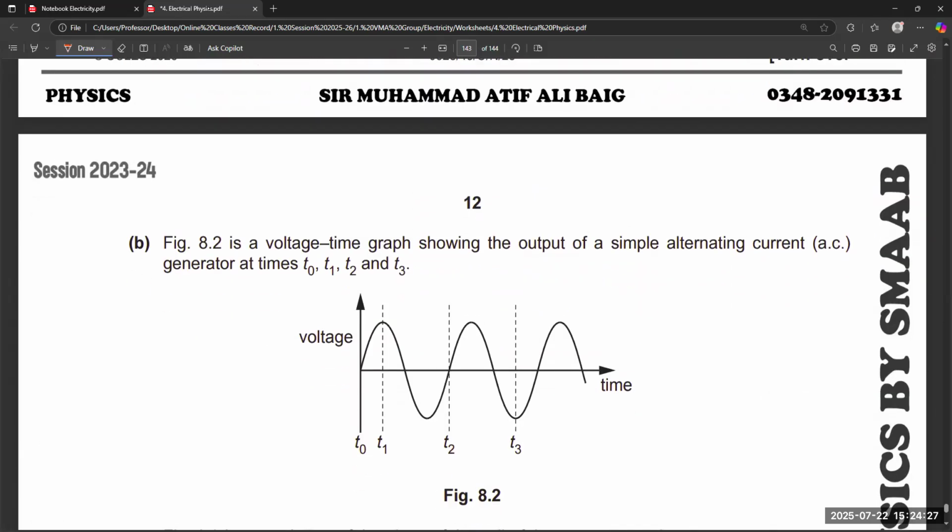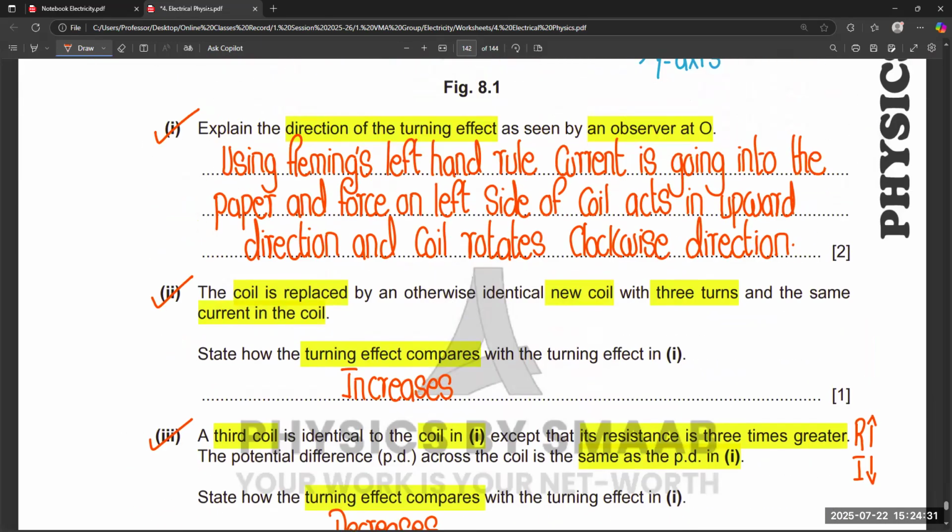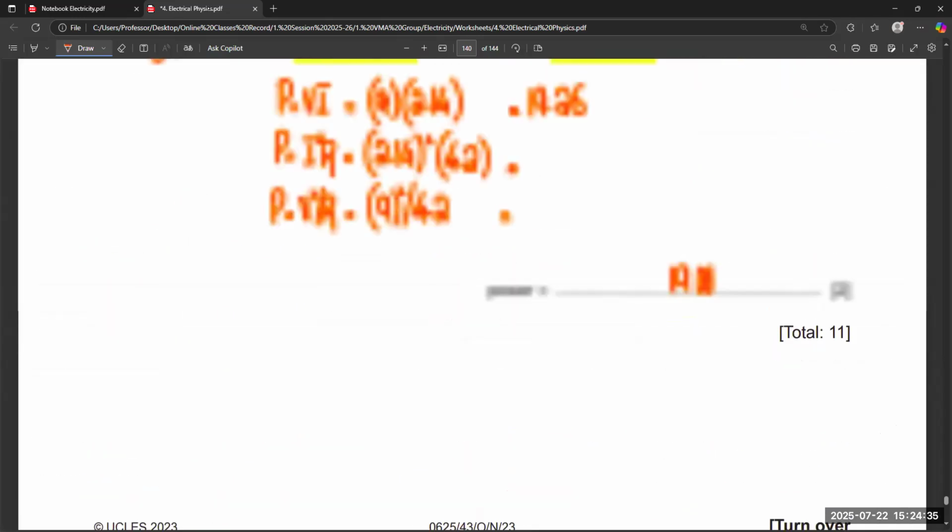Okay, this part is related to AC generator. So this is a 4 mark question from DC motor, and there are some more questions from it.